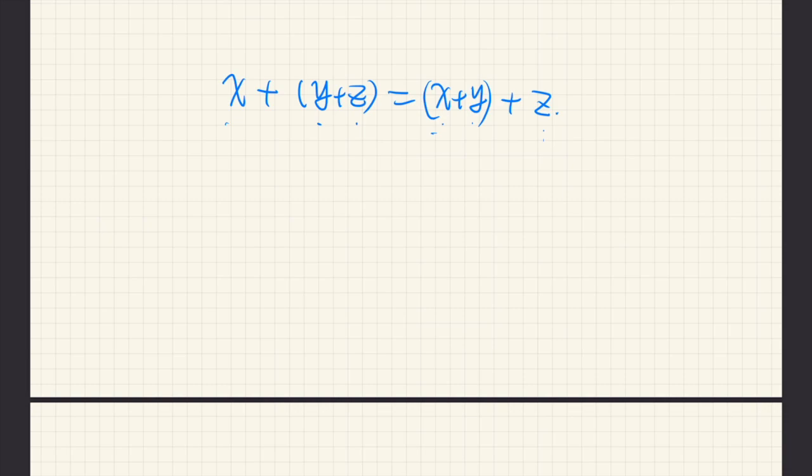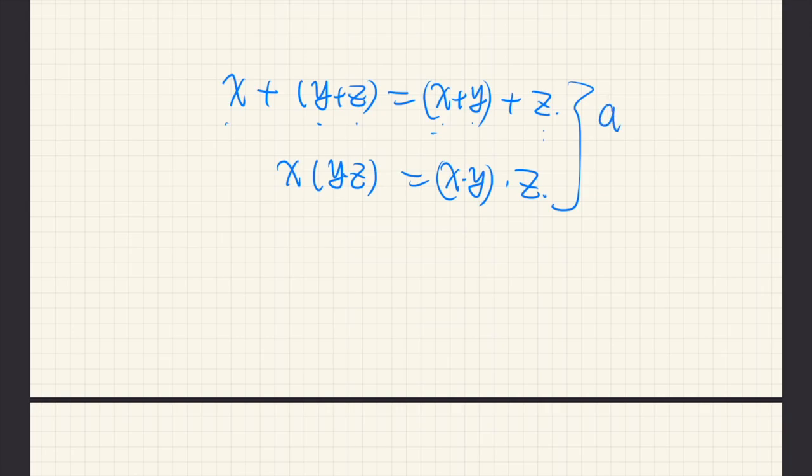And similarly, for multiplication, we have x times (y times z) is equal to (x times y) times z. So these properties are called associativity, and we say addition and multiplication of real numbers are associative.